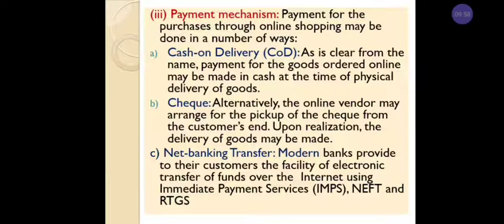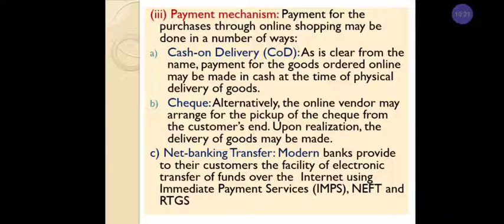See, in the payment option, if you want to select the product, after that you have to pay the price using cash on delivery. Cash on delivery means when you get the delivery of the product, at that time you can pay the amount to the delivery person. And second, the check.